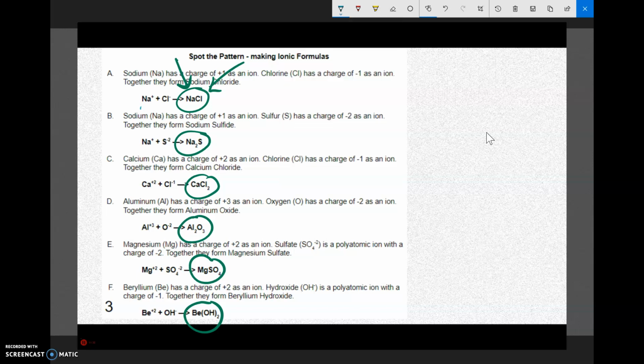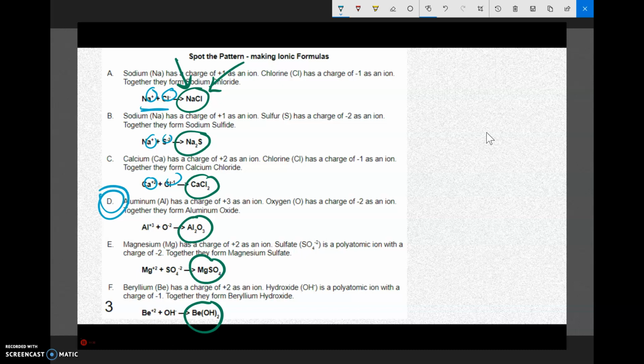And also what you're seeing, hopefully, is that on the reactant side we have these charges, and the charges always neutralize themselves out on the product side. So for example, on D, aluminum has a +3 because it wants to lose 3 electrons. The oxygen has a -2 because it wants to gain 2 electrons. So we're trying to find a common multiple of 3 and 2. That common multiple is 6.